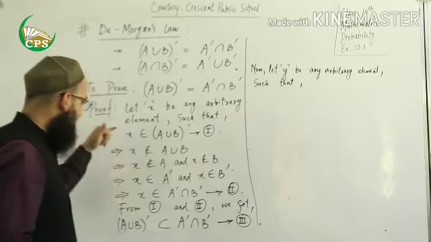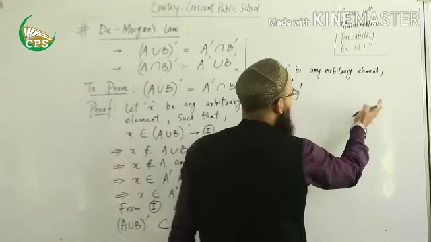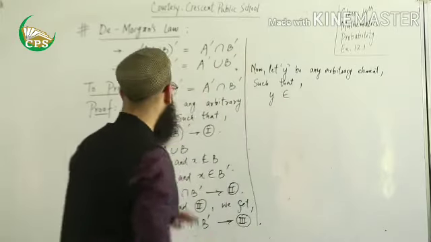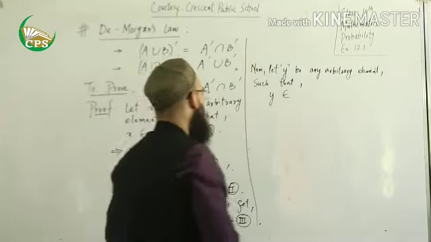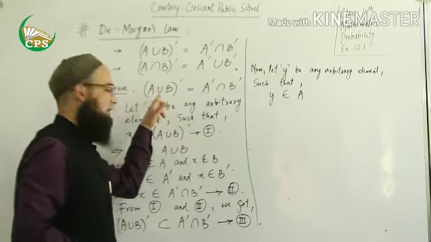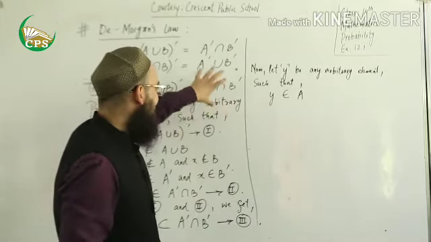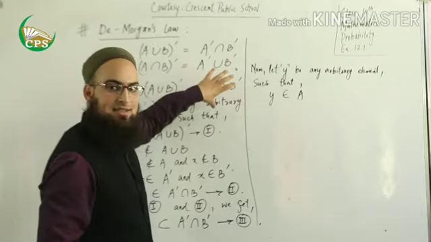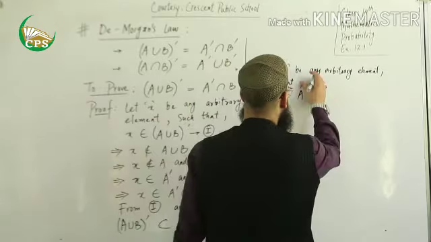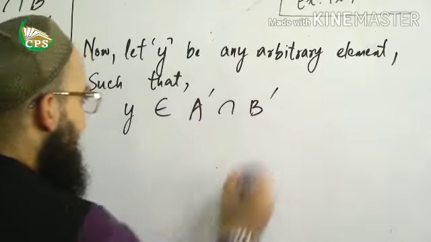Whatsoever we did with X, let us do the same thing with Y. Let Y be any arbitrary element such that Y belongs to this thing. We started with X belonging to the left hand side. Now let us see what happens with an element present in the right hand side. Let us say Y belongs to A complement intersection B complement.